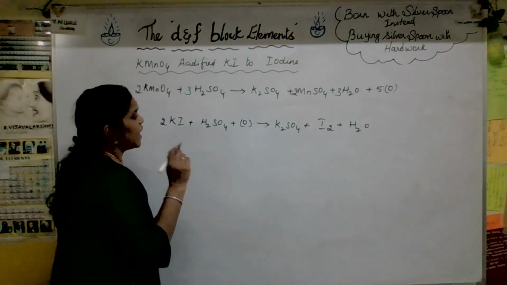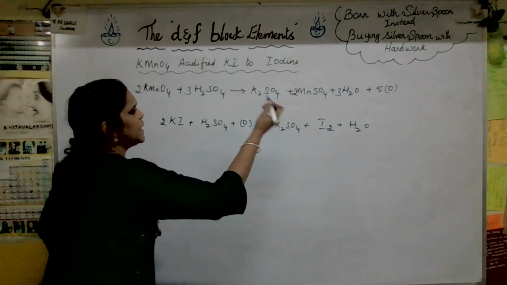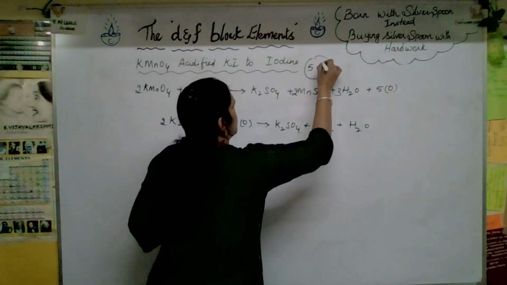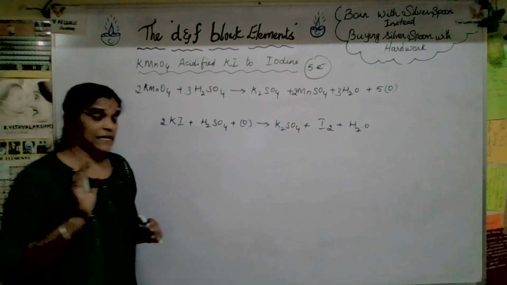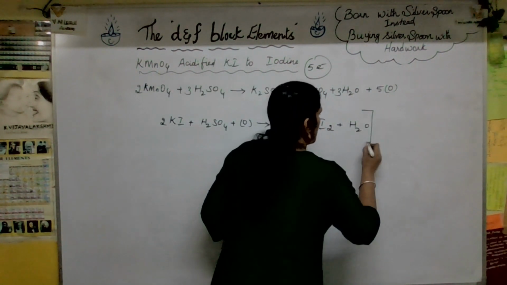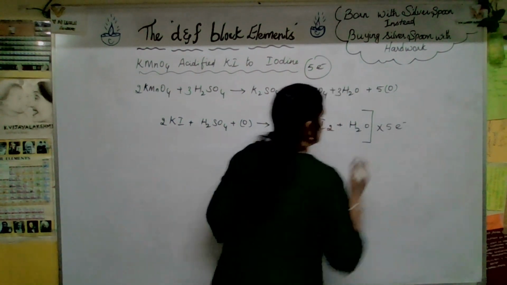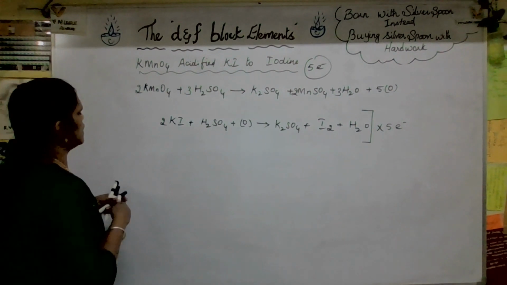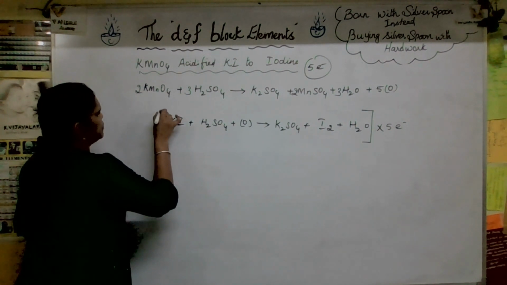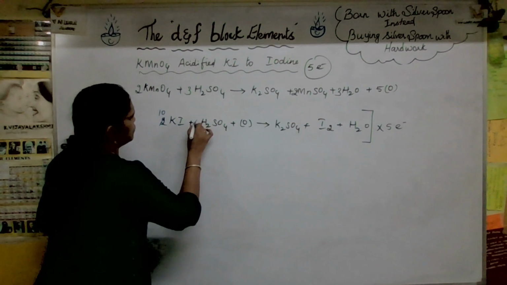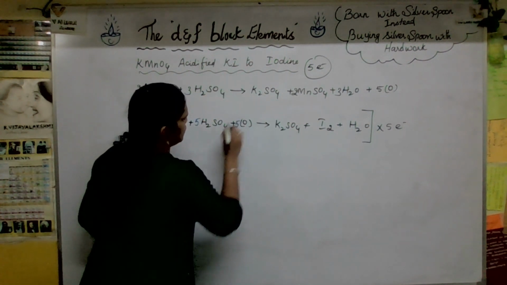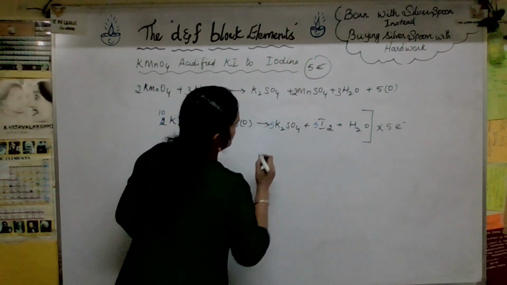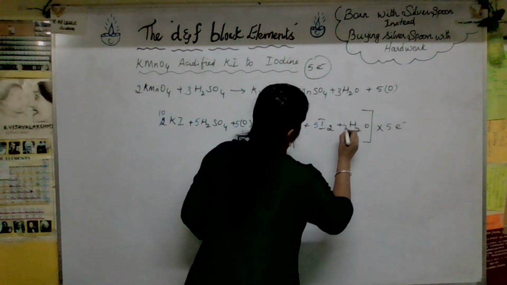Now you have to multiply with the number of electrons involved, which means 5 electrons. Please remember that. So multiply with 5 electrons: here 5 twos are 10, and here 5, and here 5, here also 5 and 5.